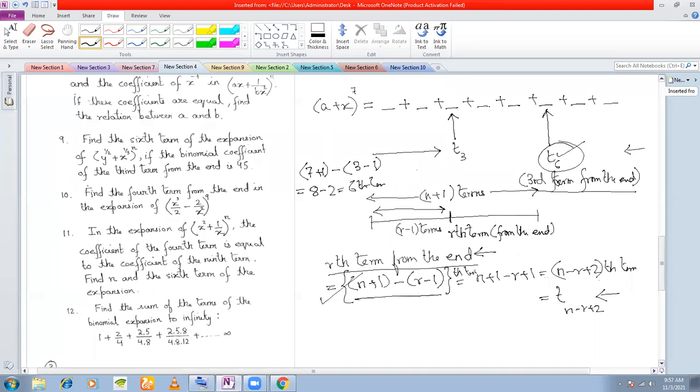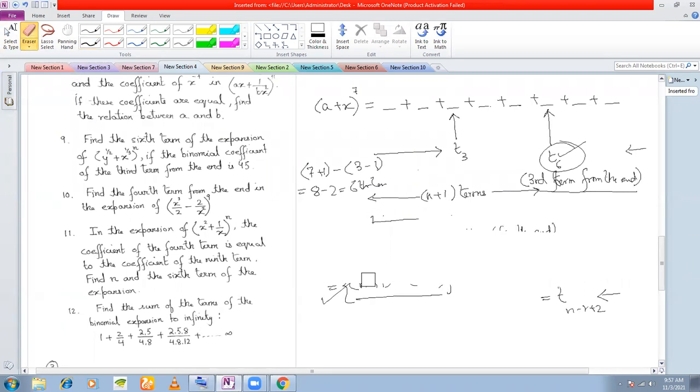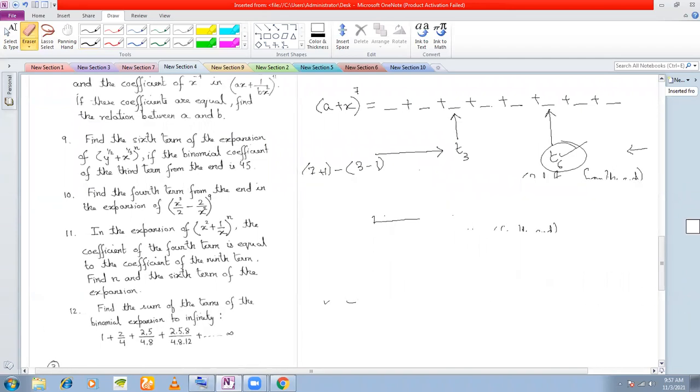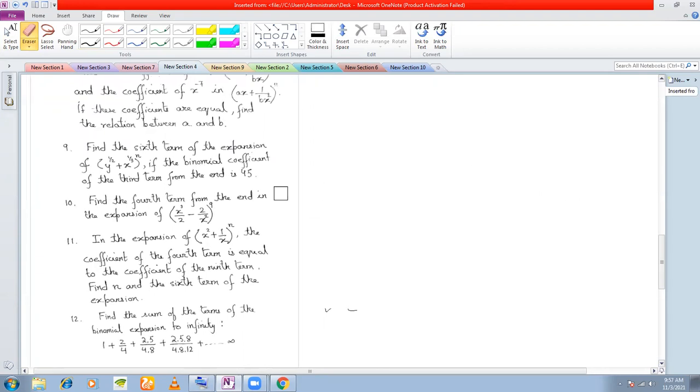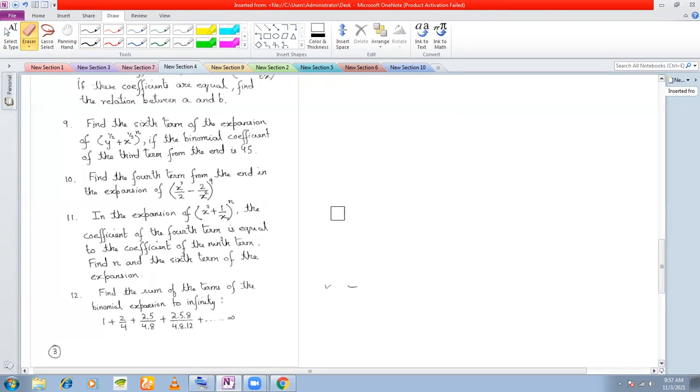N plus 1 minus (r minus 1) term from the beginning means the same thing as rth term from the end. Now that we know this idea, we are in a position to solve the next sum. But I would like to do question number 10 first, then move to question number 9.